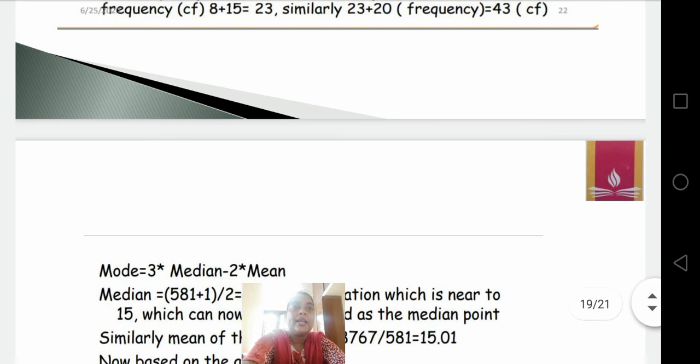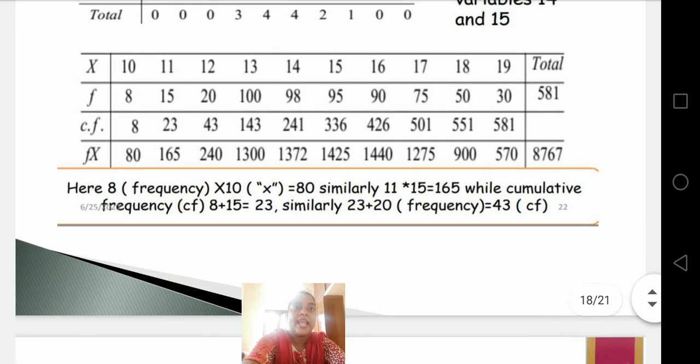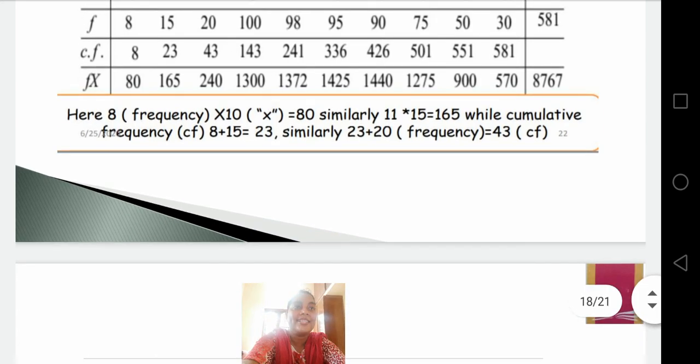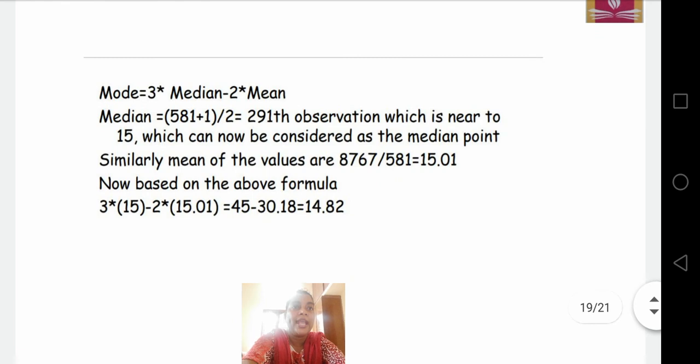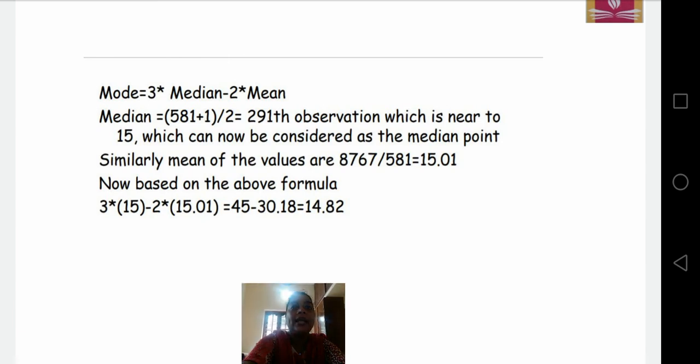Here the summation fx is, you know how we got it? f into x. 8,767. Summation f is 581. So we got 15 point something.